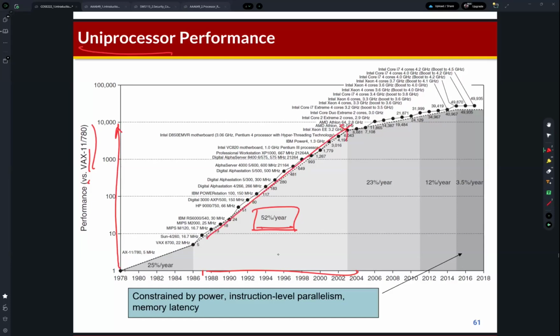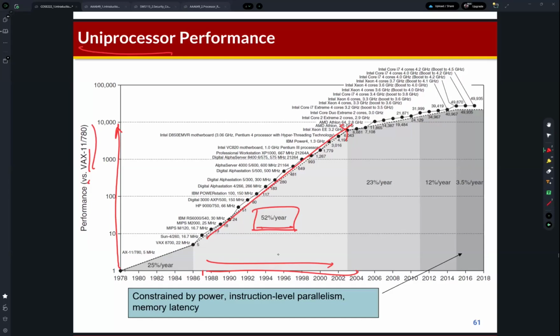This is a log scale, and it's linear, which means the performance increased exponentially. It's a dramatic improvement. In this period, CPU performance increased because of advances in semiconductor technology.